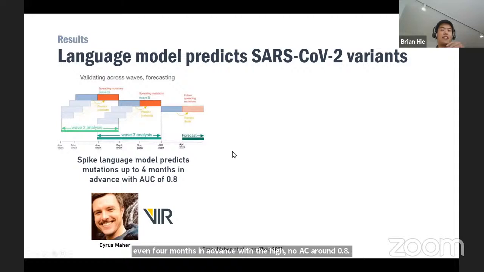And so this is an additional validation that the evolutionary information that's picked up by these language models, and in particular language model grammaticality, can be predictive of mutations that preserve viral fitness even across different waves of the coronavirus pandemic.